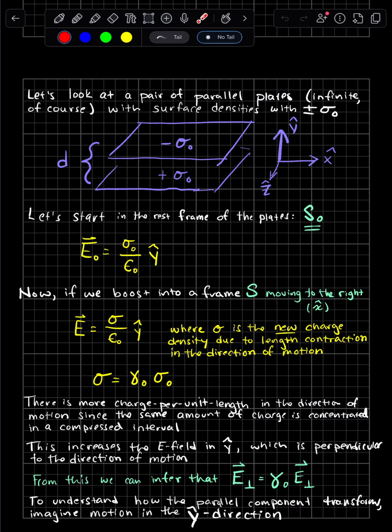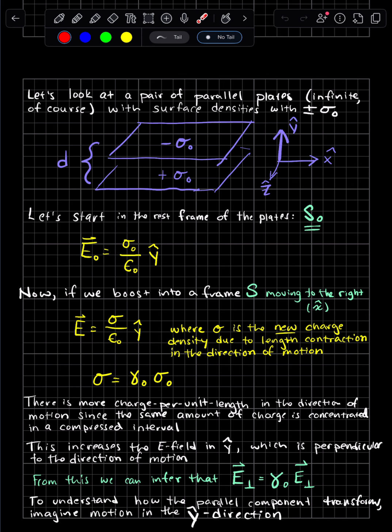What we're going to do instead is use a simple example, and through that example, we're going to infer what the transformation is. It's worthwhile to still do that basic example because we will learn a lot in the process. But you should realize that this isn't a formal proof or a real first principles derivation. We're taking a special case that happens to be simple, and from that special case, we're going to learn the essential elements of how E and B fields transform.